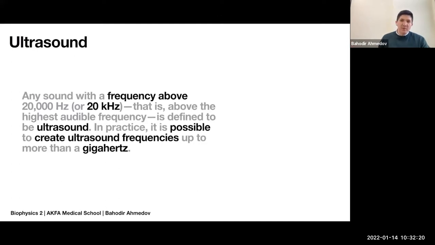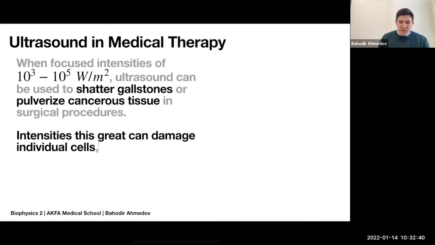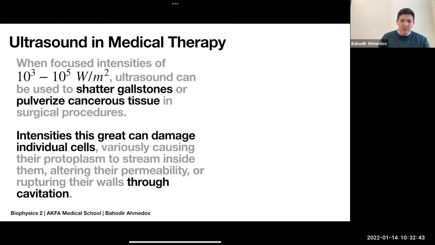Any sound which has a higher frequency than 20,000 hertz is called ultrasound. So we cannot hear ultrasound, at least humans cannot. There are some animals who can hear it. We can mechanically create sound with a very high frequency, and this can be used in medical purposes in order to shatter the gallstones or pulverize the cancerous tissues.